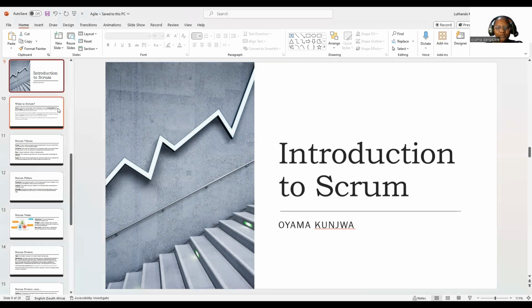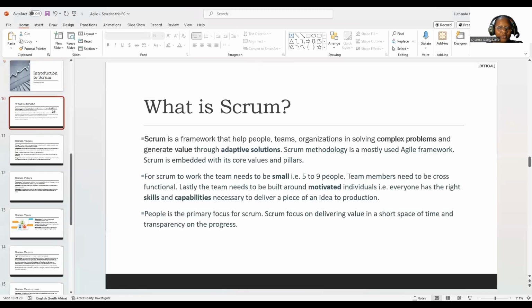Cool. Let's get right to it. Maybe let's look at what Scrum is. Scrum is a framework that helps people, teams, and organizations solve complex problems and generate value through adaptive solutions.